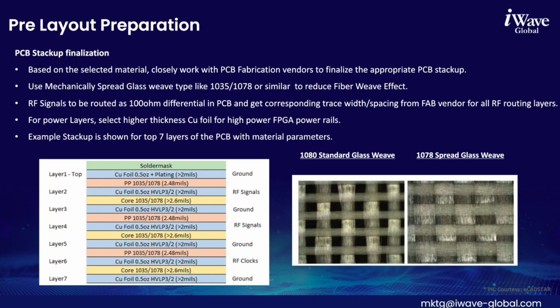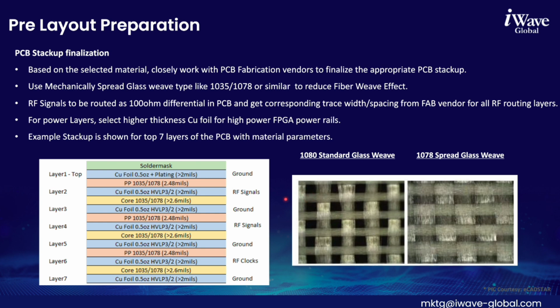So what is the fiber weave effect? Normally 1080 is a standard glass weave. When the glass weaves are bonded, the weaves will have gaps, and usually the gaps are filled with resin.